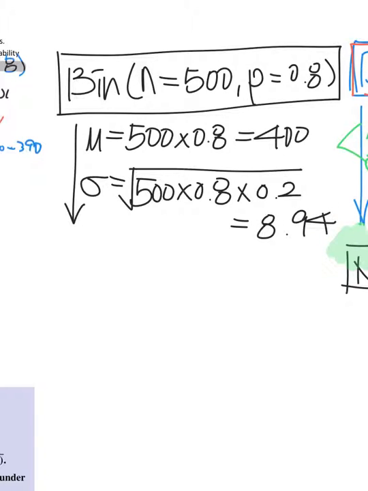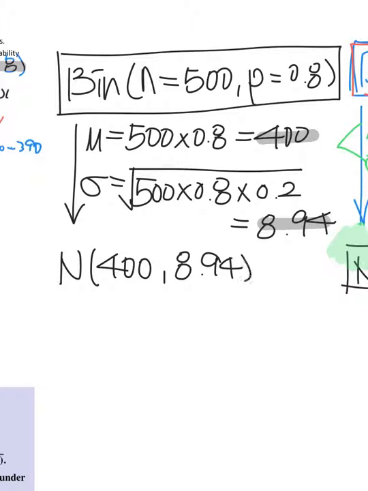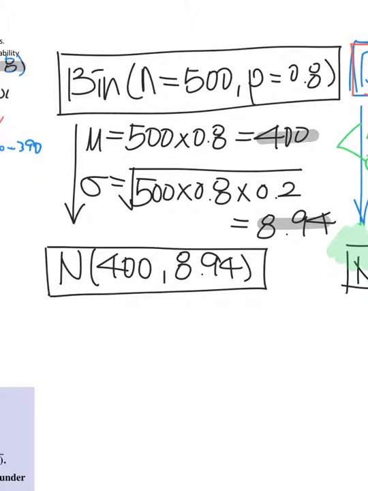So now we have a mean and standard deviation for the normal distribution. So now we have a normal distribution, mean equal 400, standard deviation 8.94. Remember, approximately.